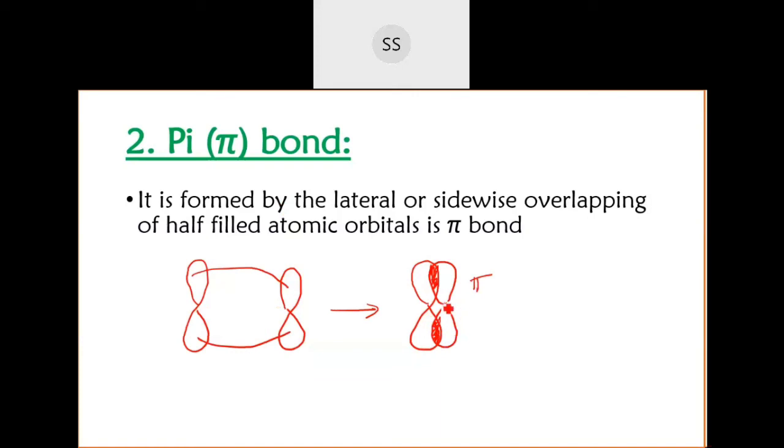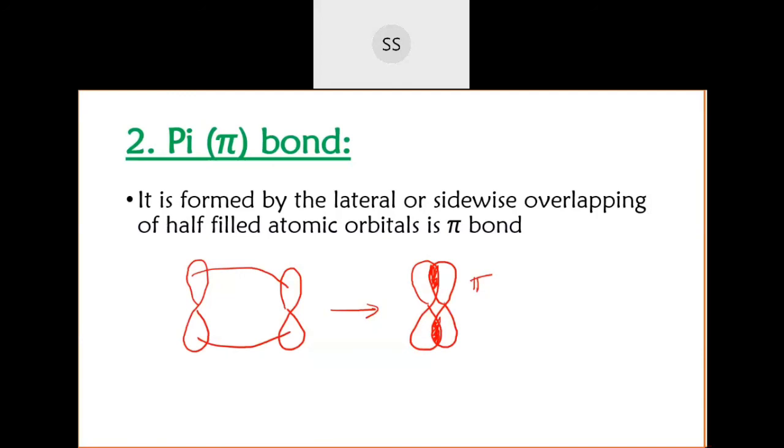You can take this analogy as an example. Imagine two people are holding hands. Plus, if I ask them to hold the leg also, holding the hand is fine, that will be stronger. But if they start holding the leg and then I ask them to walk, do you think it will be stable? No, it will not be stable because they will find it difficult to walk if they combine with their legs also.